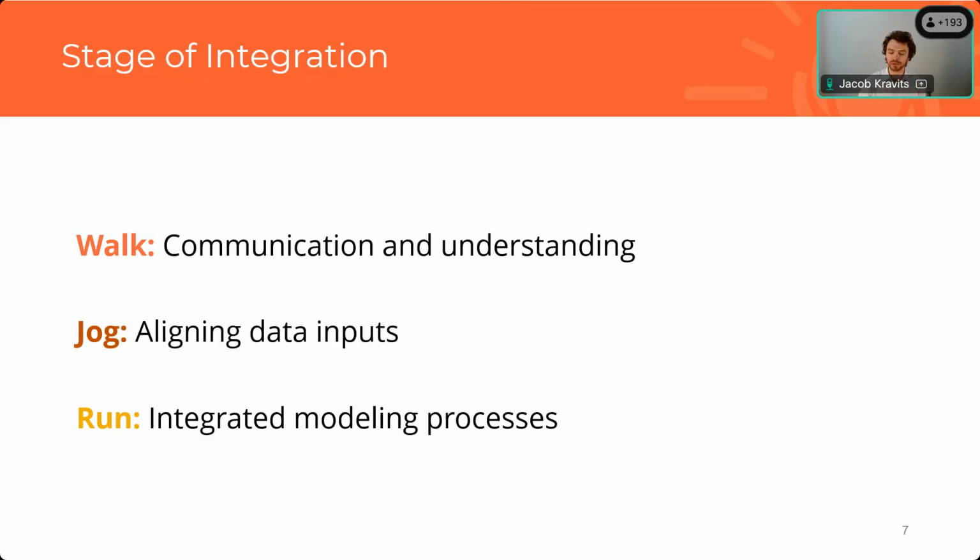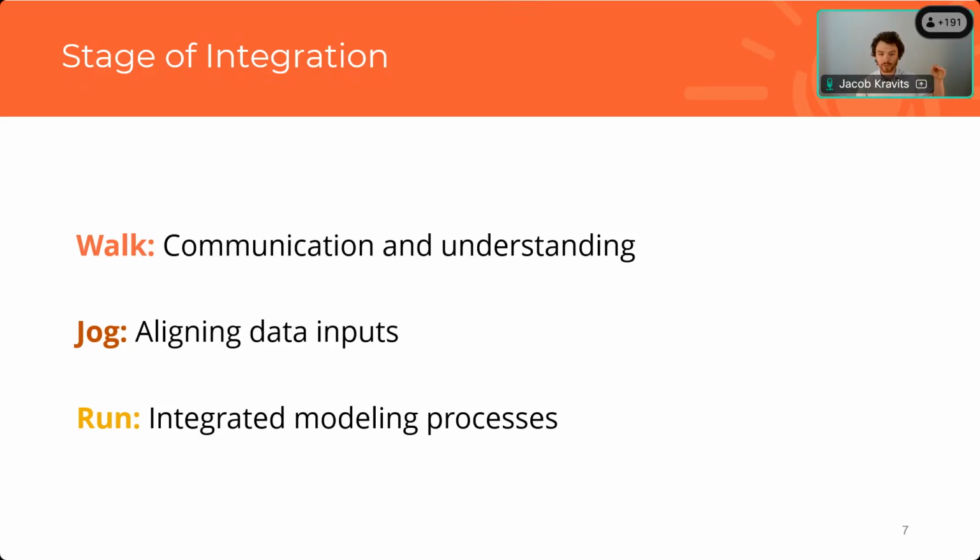How can I build trust in my planning counterparts? In the jog phase, it's about aligning data, right? Aligning the key assumptions, right? How do we make sure that we're passing information in consistent ways across these planning areas? And in the run phase, that's where we really talk about integrated modeling processes.